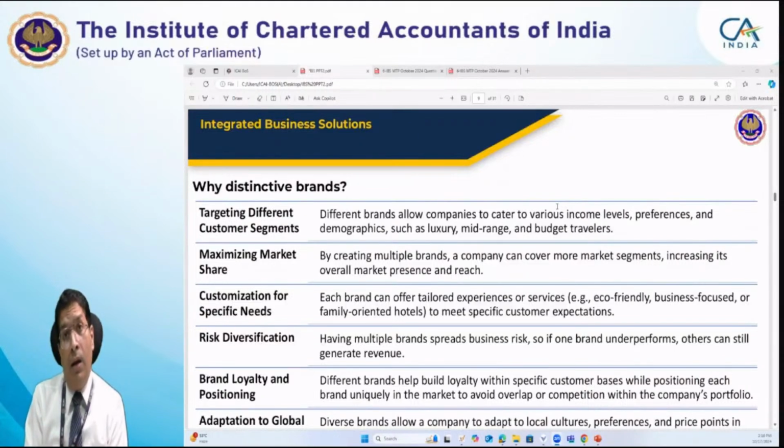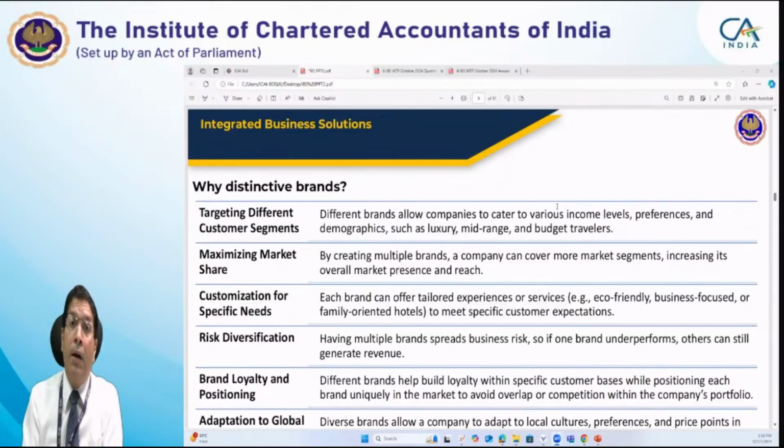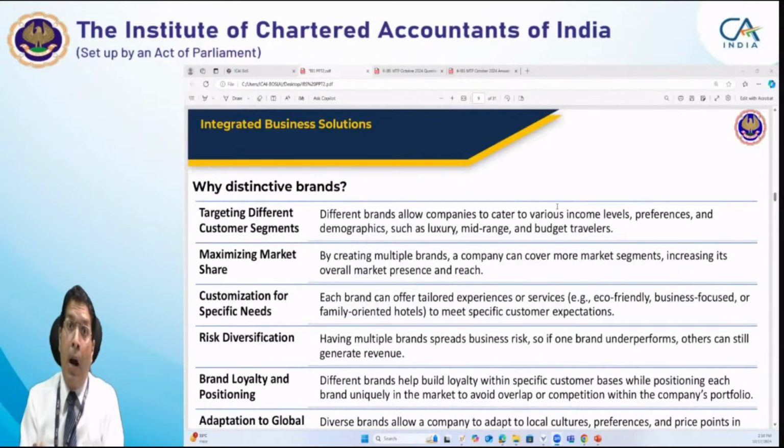Here, the airline targeted both types of customers by maintaining different brands. Brands create perception in the minds of their customers.